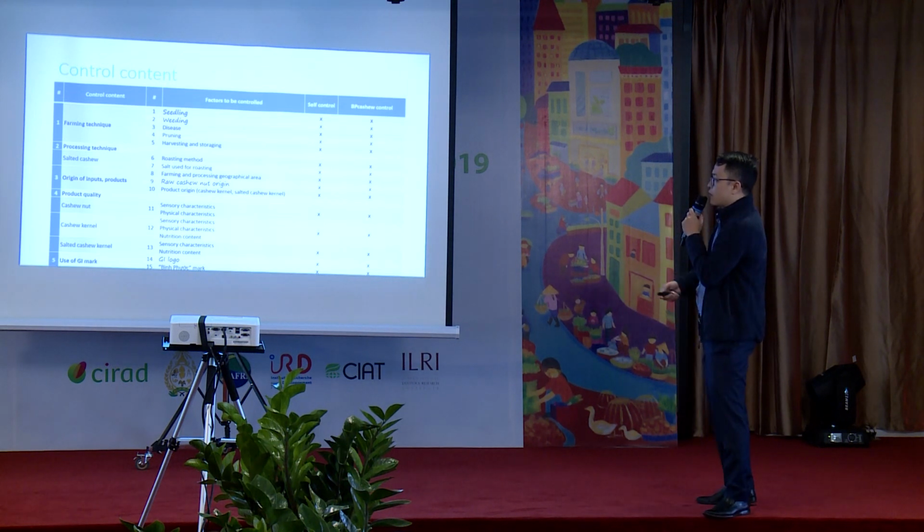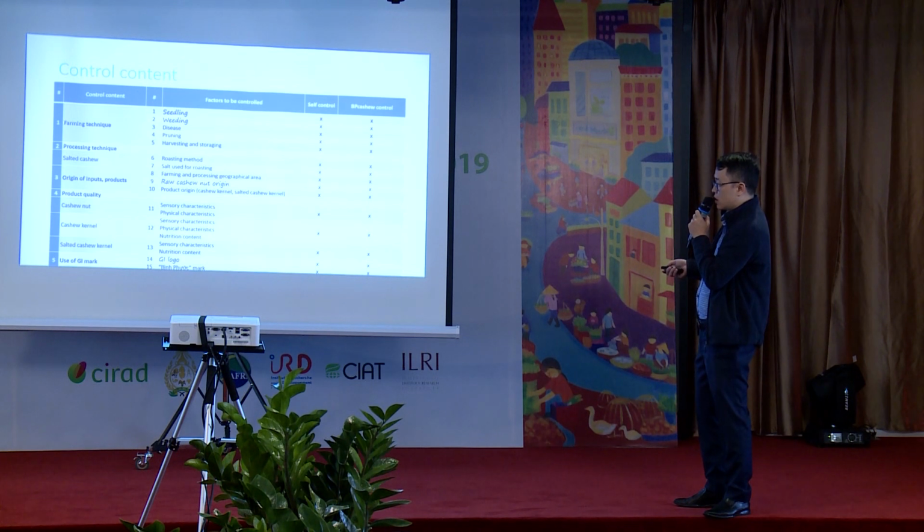The fourth category is product quality. The product quality can be seen through the sensory characteristics, the physical characteristics, and the nutrition content.